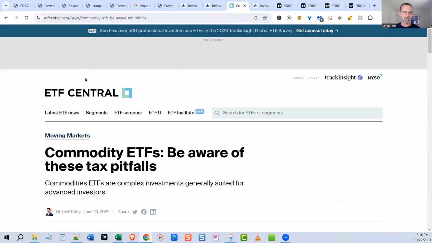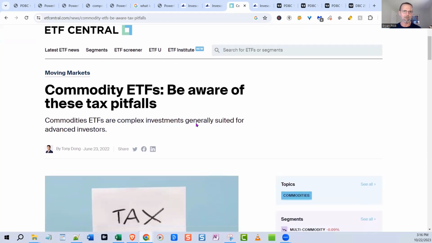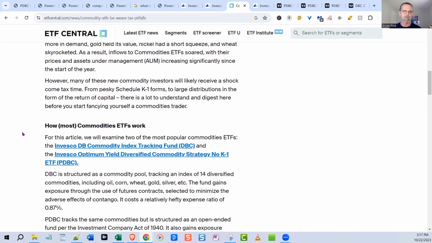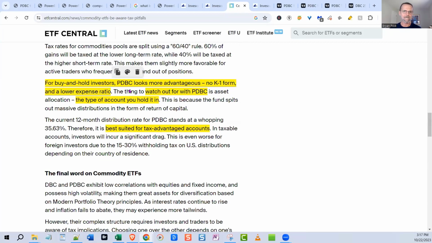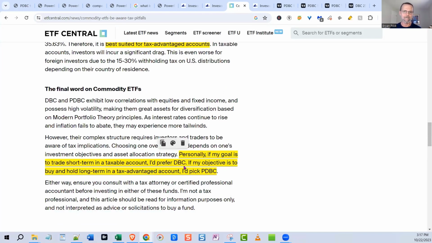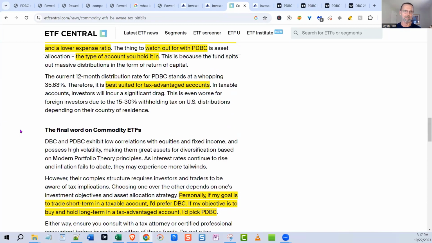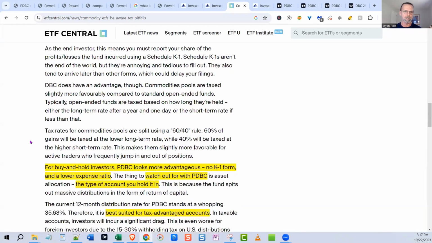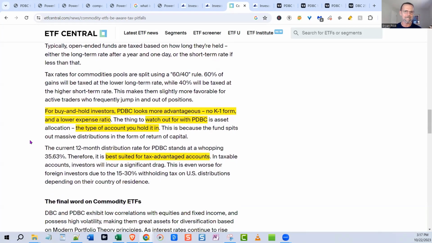This was an article that I wanted to look into at a high level, just some of the potential tax consequences of commodity ETFs in general. It just happens that this article is talking specifically about PDBC and its counterpart, DBC, which is another Invesco ETF. I'll include the link to this article in the description below the video, because it's relevant to this ETF in general.